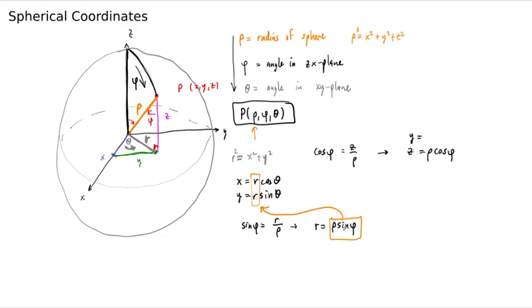Y is going to be equal to, I'm working backwards here so that we can have a nice formula when we're done, but if we plug in rho sine of phi for this r, we end up with rho times sine of phi times sine of theta. Notice these are both sines, but they're different angles here. And the x-coordinate is rho times sine of phi times cosine of theta.